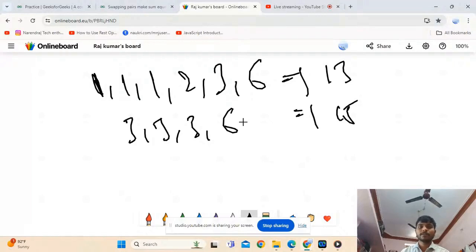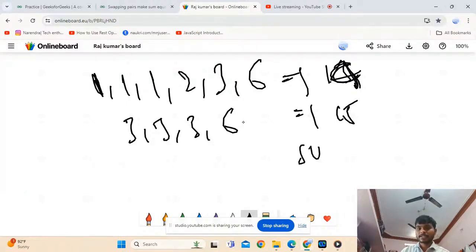How much is it, 1 plus 1 plus 4, this is 14. This is 9 plus 50, 60. So I have to make these equal. Here I have to take one element from this, so I have to add that sum. And in sum 2, when I am swapping these two, the element which we are going to swap gets subtracted from this array.